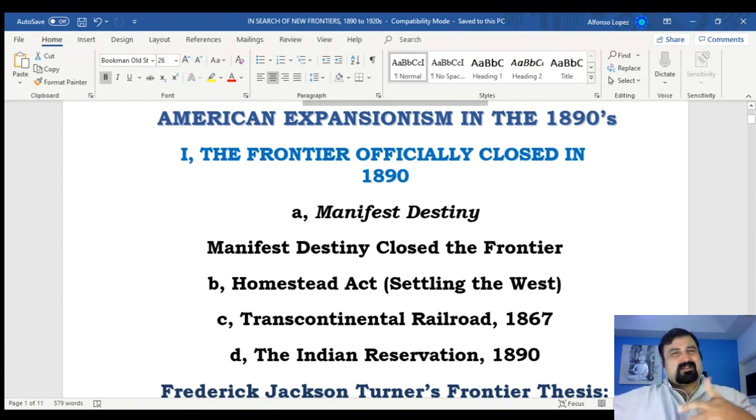So again, there was a kind of religious fervor to the idea of moving westward, that it was not just the practical thing of moving there for seizing commercial opportunities, like land and trade and so on, but rather that Americans felt that this was part of God's plan, that God had a plan for the United States to be one of the most important nations in the world, okay?